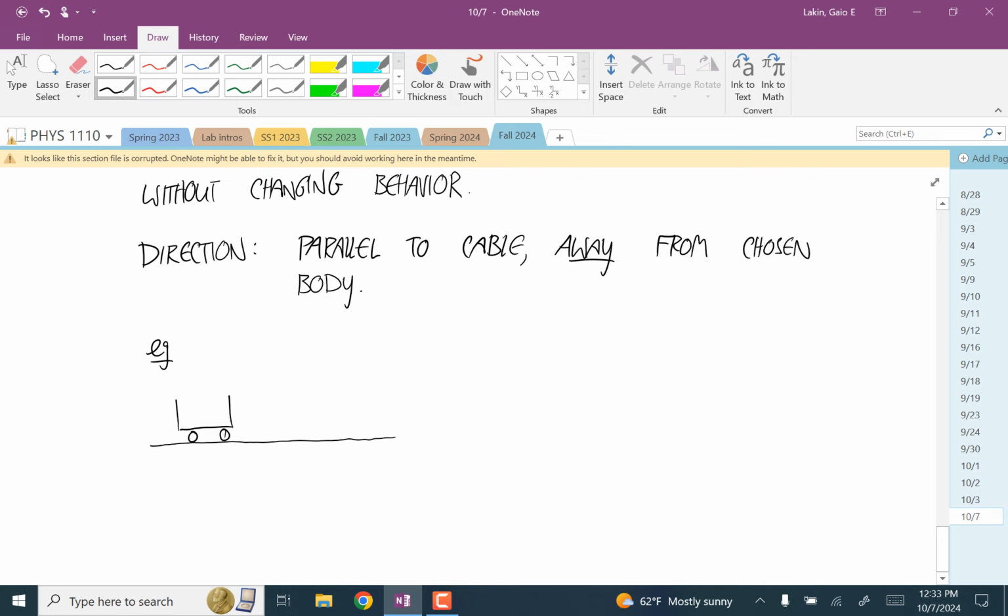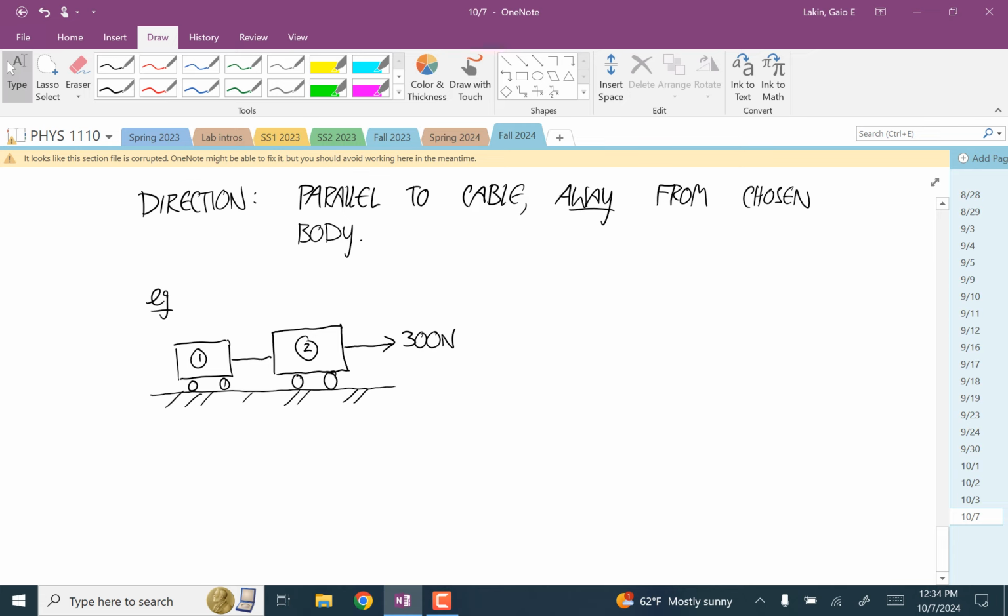by a cable. So I'll say this is cart 1, and then there's a string cable, and then this is cart 2. And let's say that there's a 300 Newton force applied this way. So let's see what the free body diagrams look like.